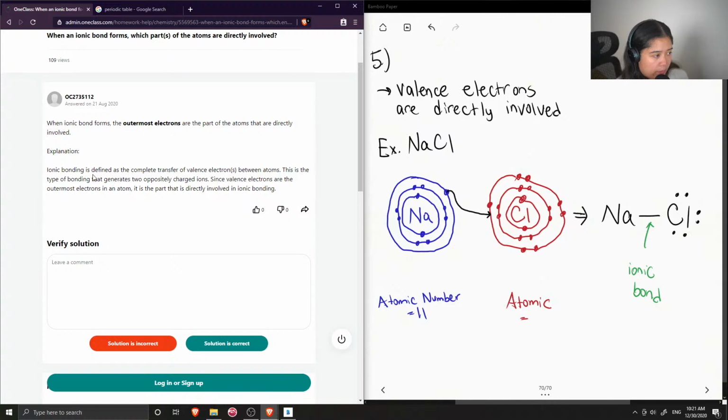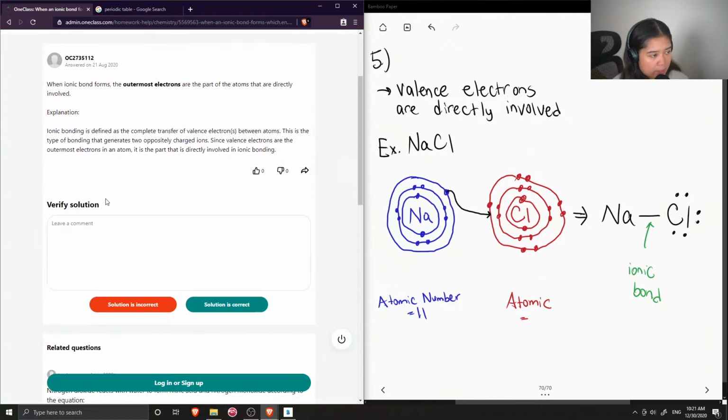Ionic bonding is defined as the complete transfer of valence electrons between atoms. This is the type of bonding that generates two oppositely charged ions. Since valence electrons are the outermost electrons in an atom, it is the part that is directly involved in ionic bonding. Yep, so this solution is correct.